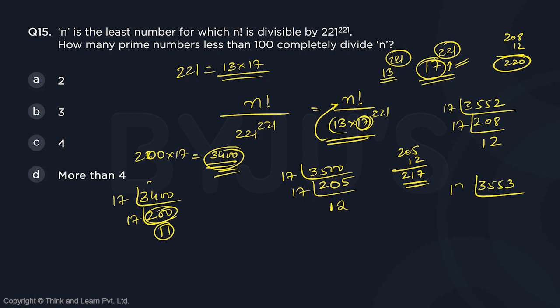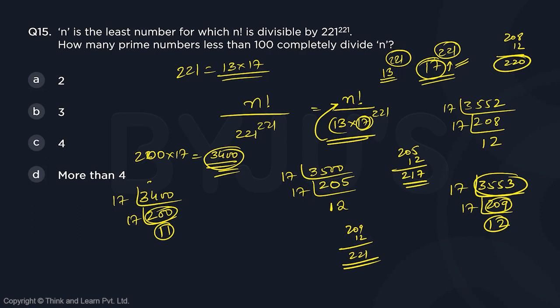In this I will check for 17s. This gives me 209, and 209 plus 12 adds up to 221. So 3553 is the smallest n for which there will be 221 17s in it.